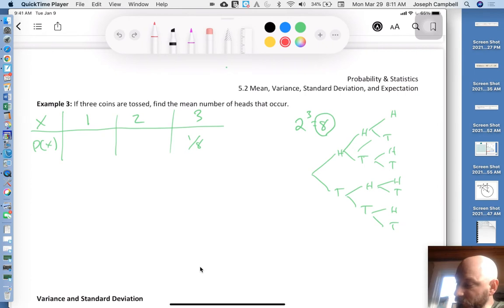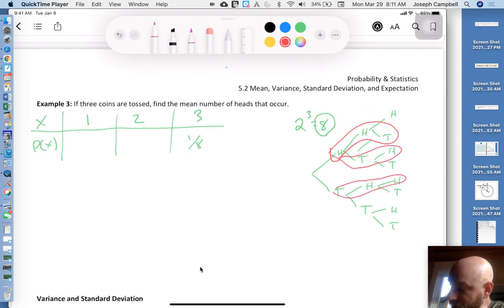How many ways do I get 2 heads? There's 1, 2, 3. Yep, looks like 3. Okay, which means that the other way must be the remainder, right? 4.